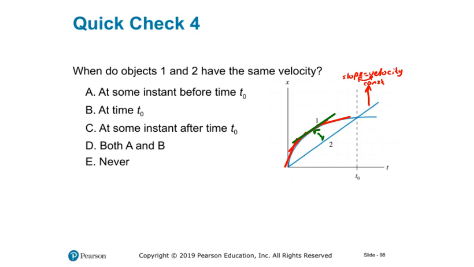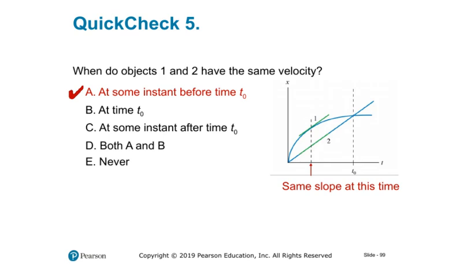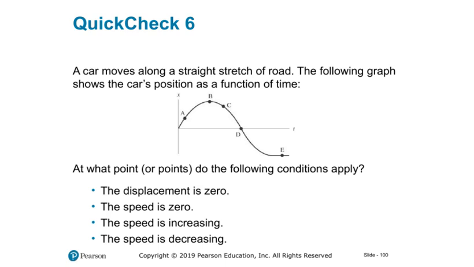And I can see that this line is pretty much, maybe I didn't do a perfect job here, but pretty much parallel to that. So they have the same slope. That means at some point these two definitely have the same velocity before t0, which is the answer here. At some instant before t0, they have the same velocity.